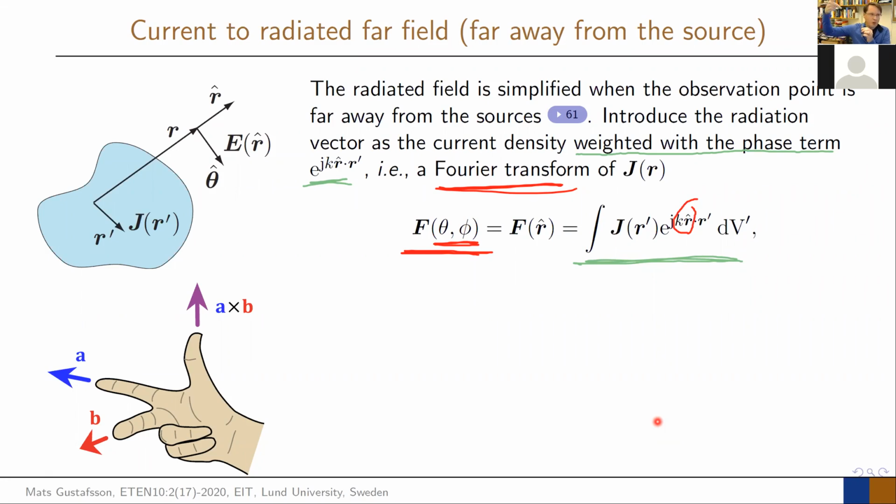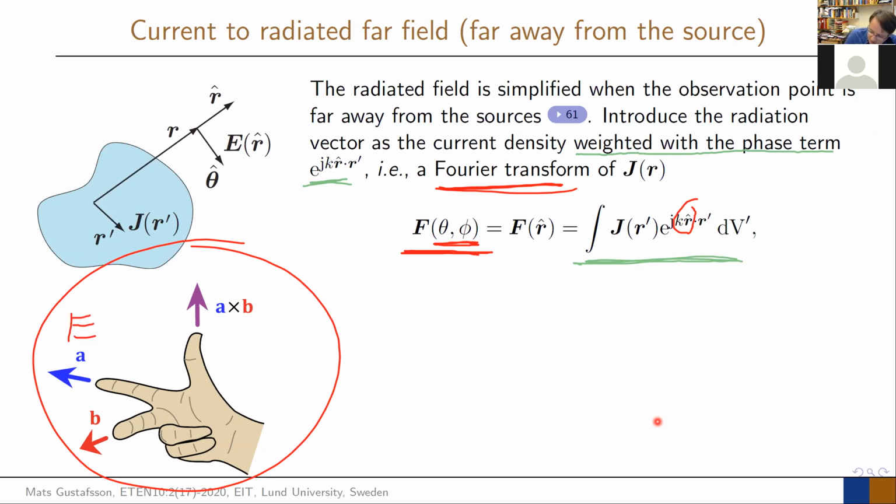And in that wave, we have this right-hand rule, these things down here. We know that the electric field is perpendicular to the magnetic field, which is perpendicular to the propagation of radiation, so the direction of the power flow. So if you take your hand here, and if you, in this case, put here that this is the electric field, this is the magnetic field, this will be where your Poynting vector is pointing.